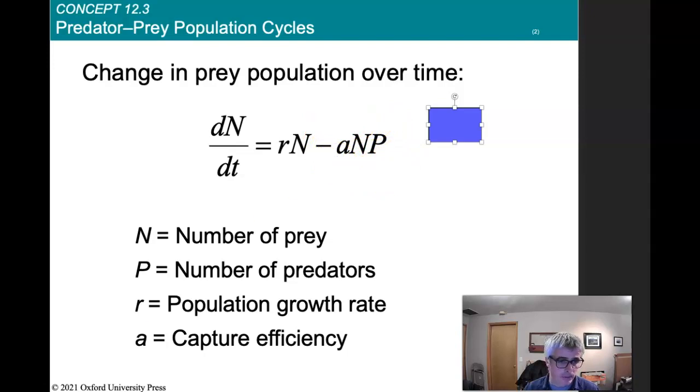We covered that when P equals 0. If there are no predators, if P is 0, then 0 times whatever N is times a is 0. So we just go back to the exponential growth equation. Nothing different there.